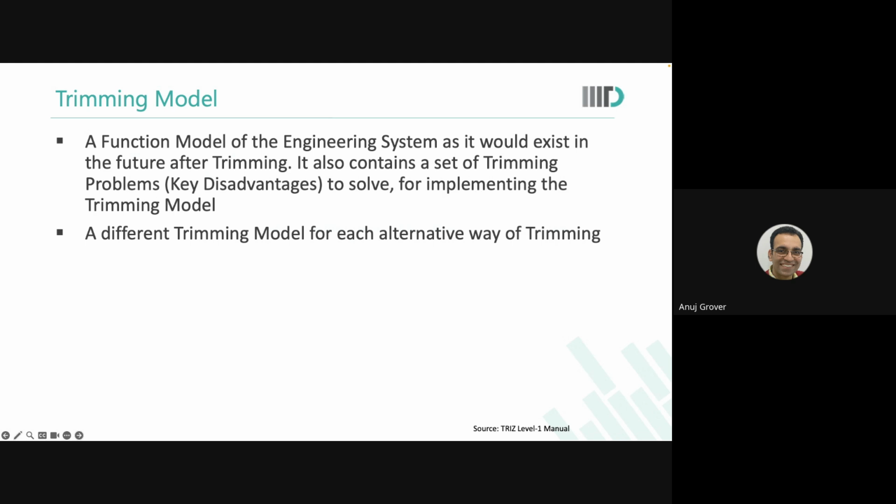We said, I will play on the model and then we will modify the system actually. So this is a model of a future system after trimming, where it contains a set of trimming problems, key disadvantages to solve for implementing the trimming model. A different trimming model for each alternative way of trimming is to be prepared. Is it okay?